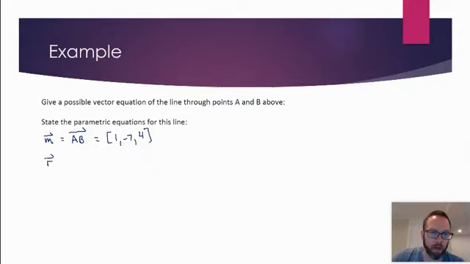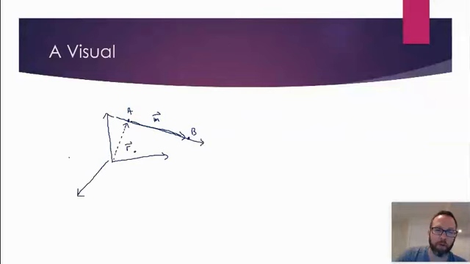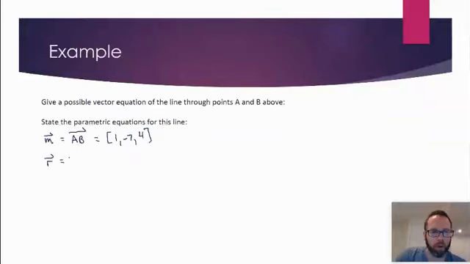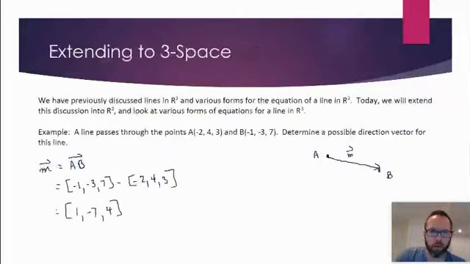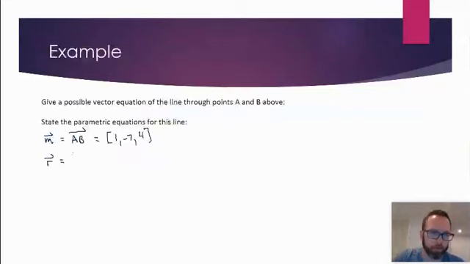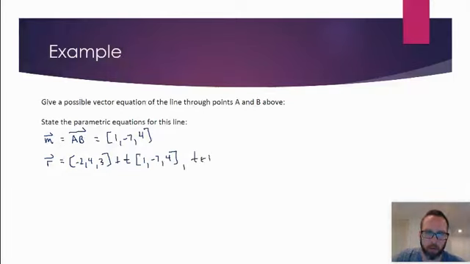For a possible vector equation, I'll pick point A, which was -2, 4, 3. I could have picked B, but I'll just pick A. Plus some scalar t times our direction vector 1, -7, 4, where t can be any real number. So that is a vector equation of our line.